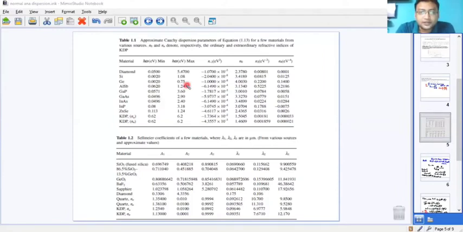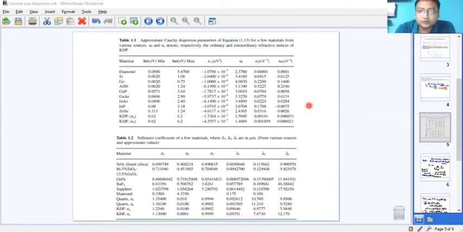These are the typical values of the Cauchy constants as well as the Sellmeier coefficients A, B, C and lambda 1, lambda 2, lambda 3 of some familiar materials like diamond, silicon, germanium. These are the ranges of n minus 2, n0, n2, n4 in energy units eV to the power minus 2 or eV to the power minus 4, and the Sellmeier coefficients A1, A2, A3, lambda 1, lambda 2, lambda 3 of silicon dioxide and other BaF2, KDP type materials.